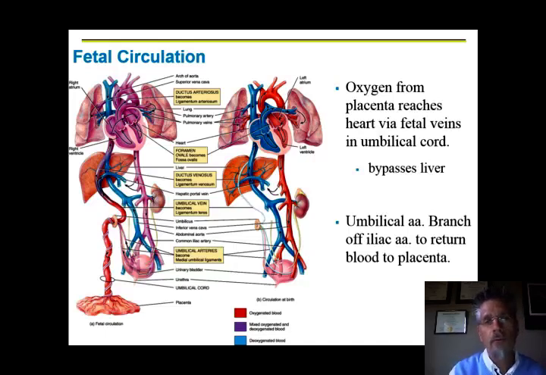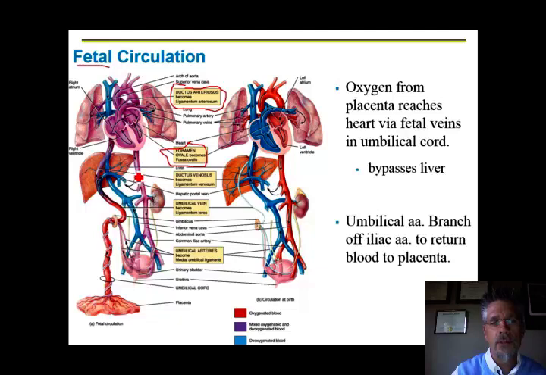Not really important for lecture, but towards the end of the chapter it does go through comparisons of fetal circulation compared to the adult circulation. There are a number, as you see here in the boxes, of modifications between the fetal and the adult circulation, because in the adult circulation we know that we want to separate our deoxygenated blood from our oxygenated blood, so it's a very efficient system.